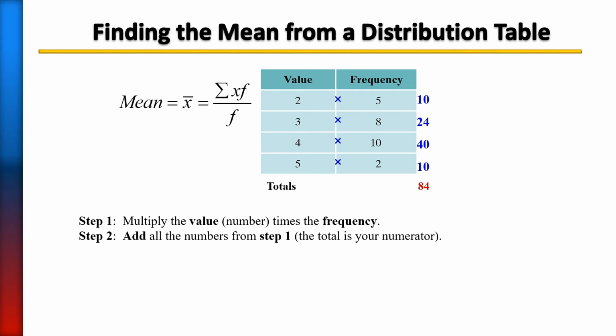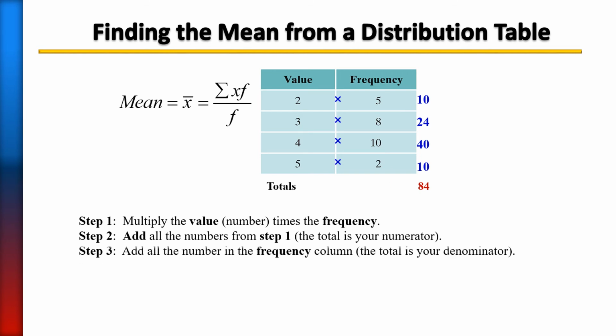And now let's find the bottom. The bottom is the total of your frequency column. So this is our frequency column. Let's go ahead and add up those numbers, which should give us 25, I believe. Yes. So we have 84 on top and 25 on the bottom.